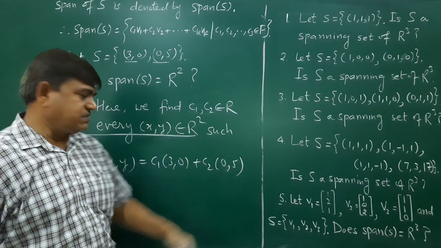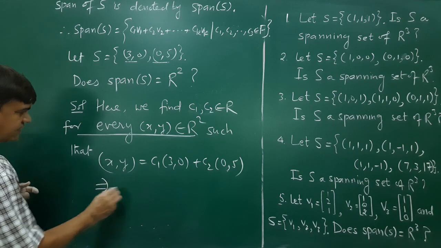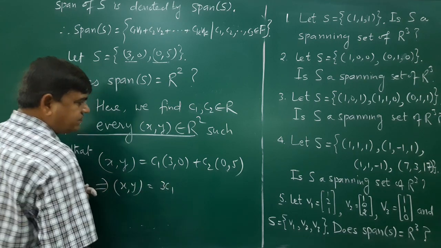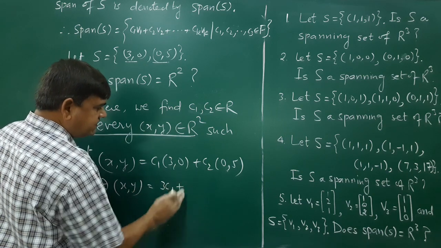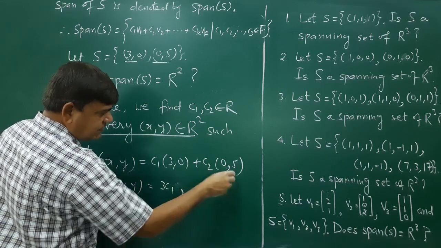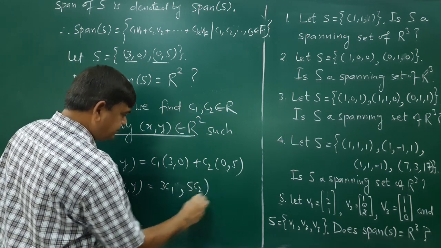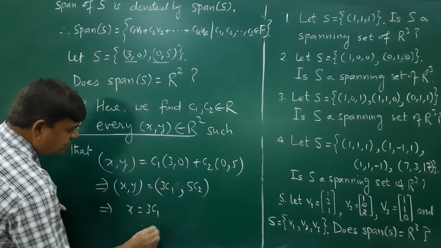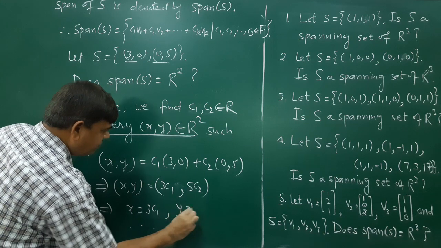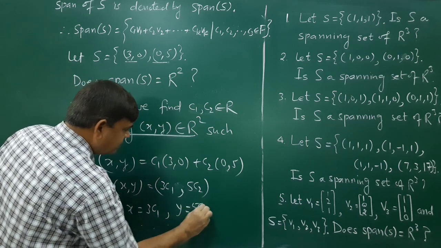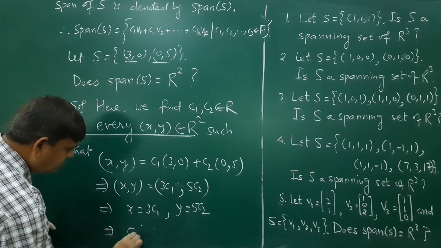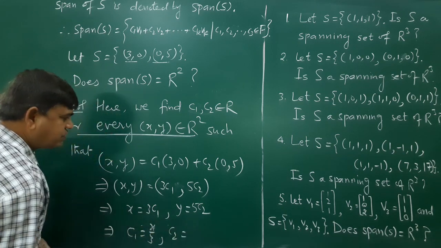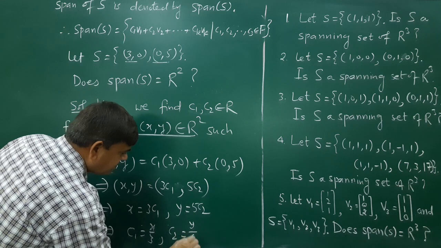If we find these two scalars such that this is written as a linear combination of this, so this is x comma y, so it is 3c1 plus 5c2. This implies x equals 3c1 and y equals 5c2. This implies c1 equals x by 3 and c2 equals y by 5.